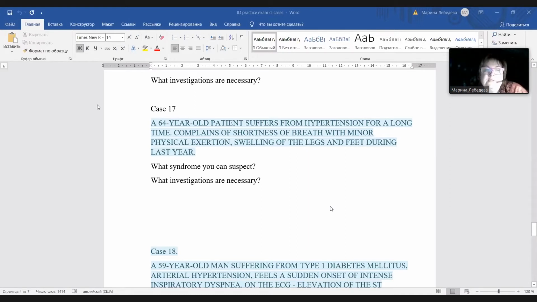Case number 17. It is chronic heart failure with typical signs and hypertension, if it is estimated.